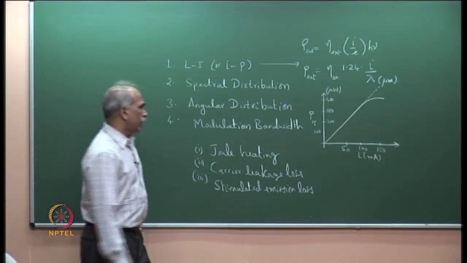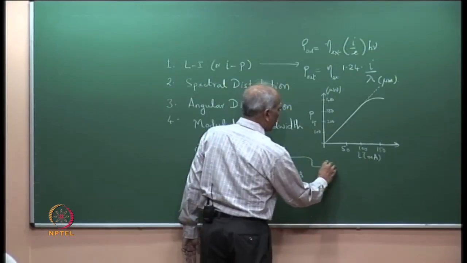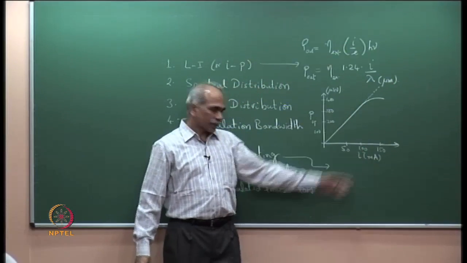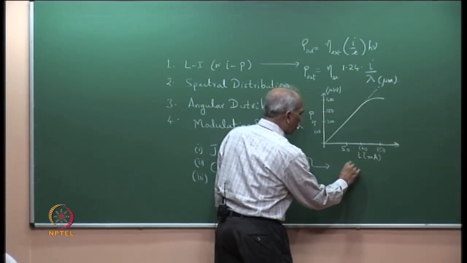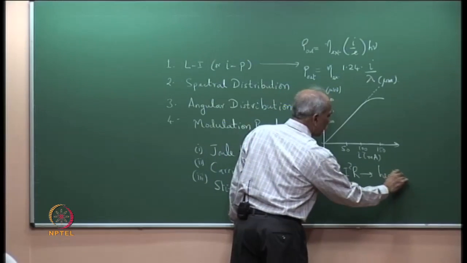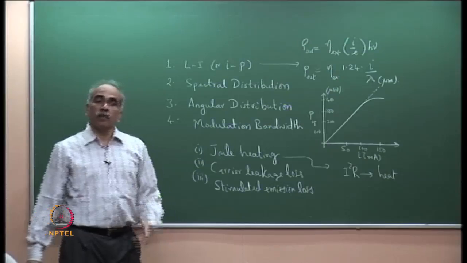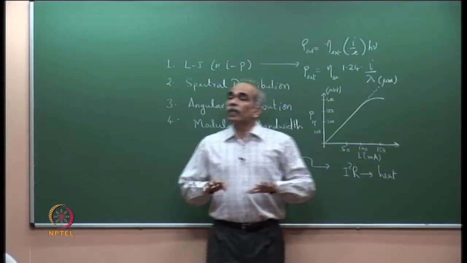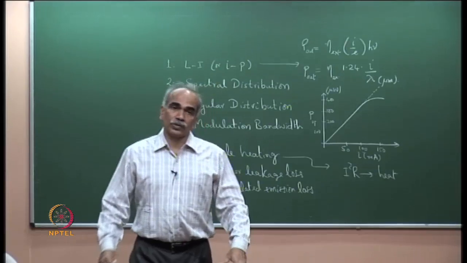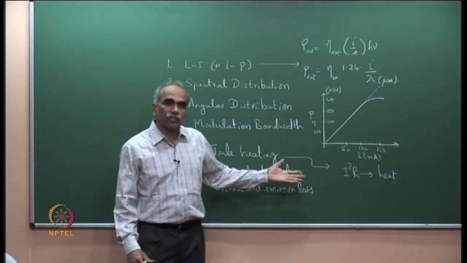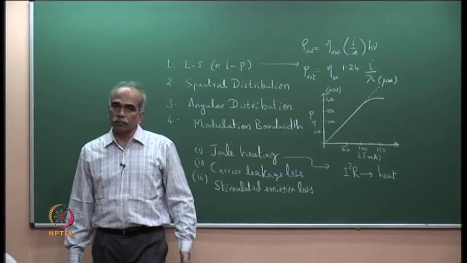Joule heating we have discussed. It's quite clear that as you pass higher current, the I square R loss leads to heat generation or heating of the device. Heating of the device leads to availability of many more phonons in the material, and therefore the non-radiative recombinations start dominating over radiative recombinations.